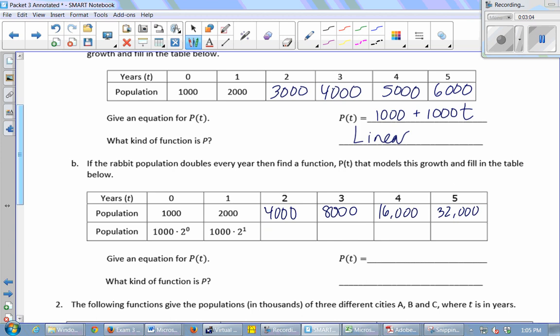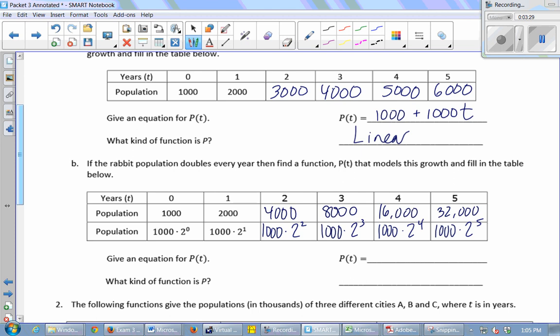And then 4,000 I could rewrite as 1,000 times 2 squared, because you do the exponent first. 2 squared is 4, times 1,000 is 4,000. 8,000, that's 1,000 times 2 cubed. 2 cubed is 8, times 1,000 is 8,000. This one would be 1,000 times 2 to the 4th, 1,000 times 2 to the 5th.